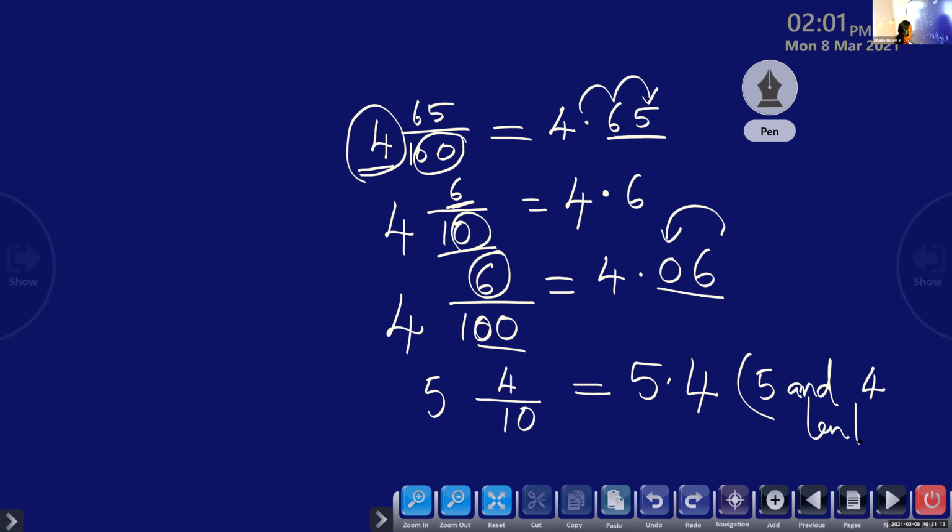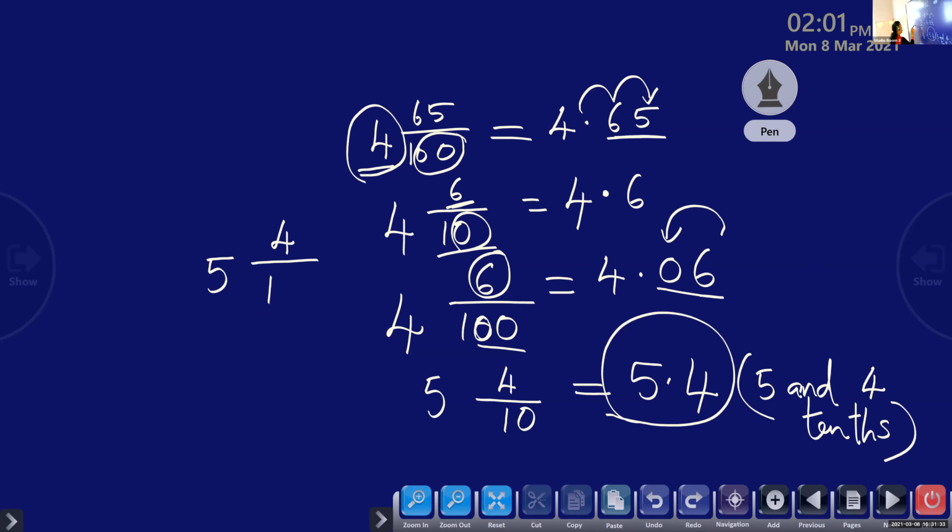Should we write this? We write this only when we are asked to read. Otherwise, if we are given the question to convert into decimal form, we have to write only 5.4.